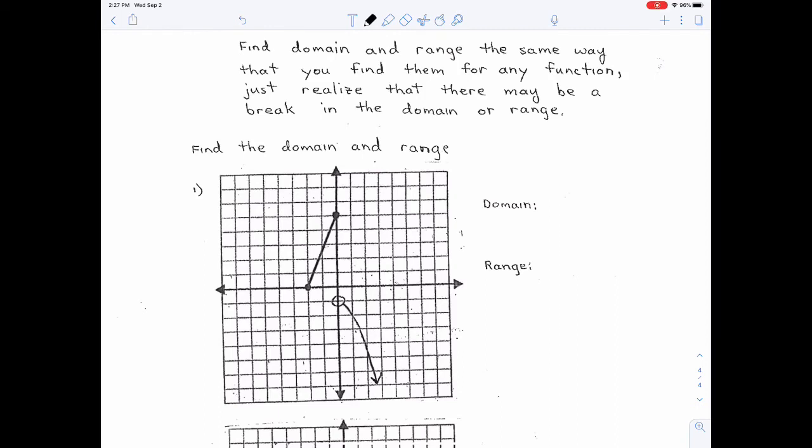Okay, so again, since you can't see my pencil, you're going to start passing vertical lines through it. And where's the first place we touch the graph? Right there at -2, including -2. Okay? And then notice, if you keep going, you're still touching the graph, still touching the graph, still touching the graph.